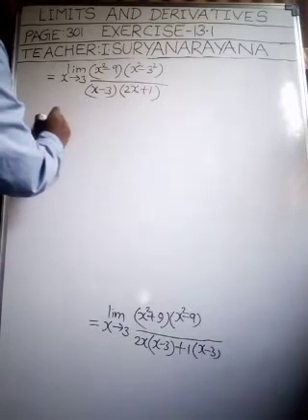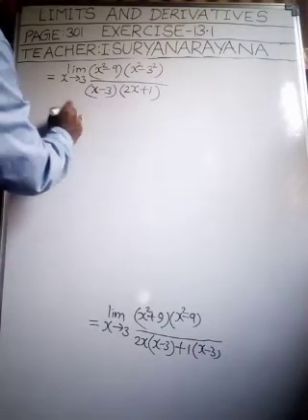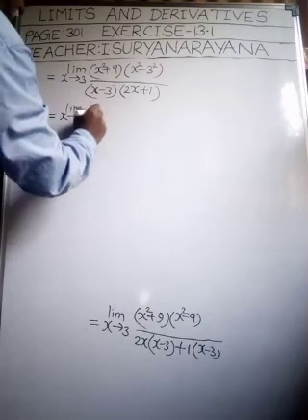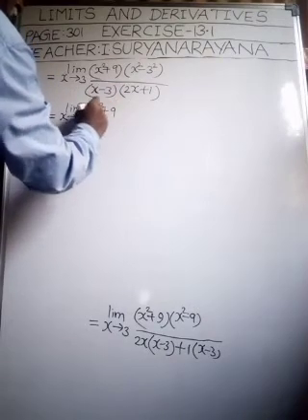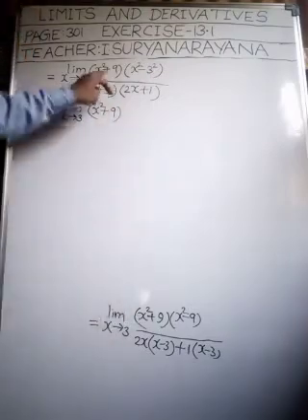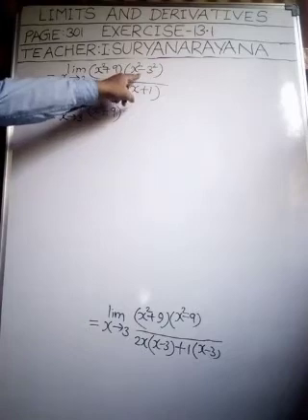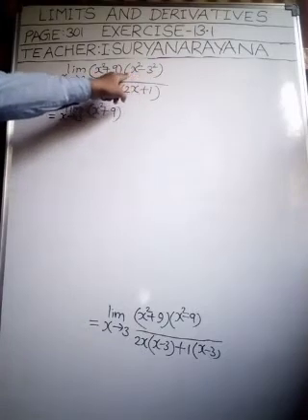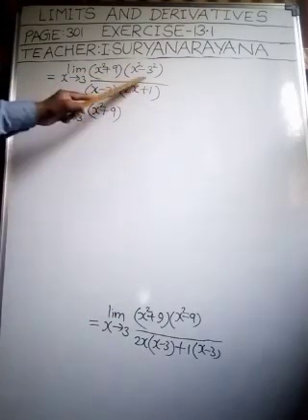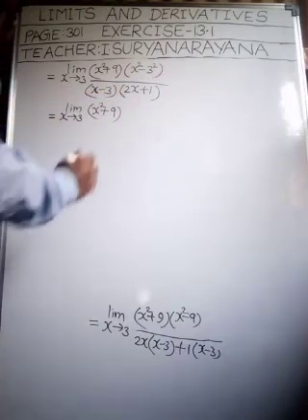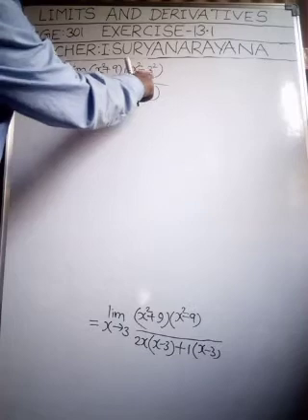Right. That is equal to, as x tends to 3, limit, this is x² plus 9. The first factor we wrote as it is, x² plus 9. Only the second factor is written like this. Again it is in the form of a² minus b². So for this second factor we use the algebraic identity a² minus b², where a is equal to x, b is equal to 3.